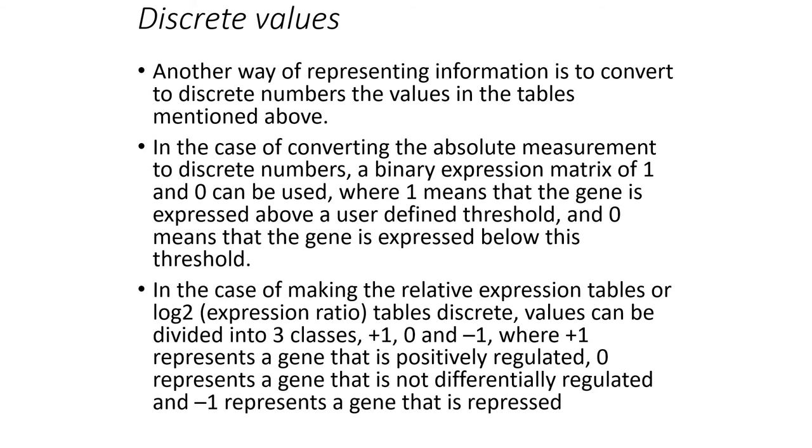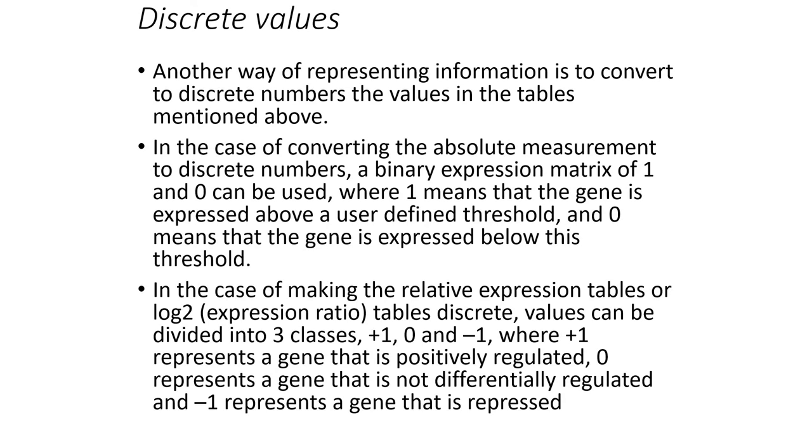In the table we have seen another way of representing information is to convert the values in the tables mentioned above to discrete numbers. In the case of converting absolute measurement to discrete numbers, a binary expression matrix of 1 and 0 can be used, where 1 means that the gene is expressed above a user defined threshold, and 0 means the gene is expressed below this threshold.